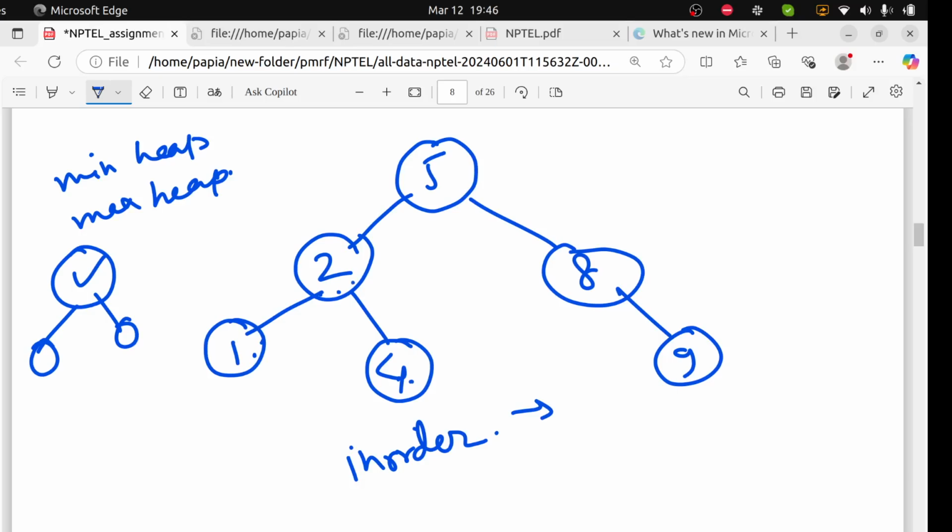For 5, the left child is smaller but the right child is larger. For 2, the left child is smaller, the right child is larger. For 8, there is no left child but the right child is there, which is greater than the previous root. So this is an in order binary tree.